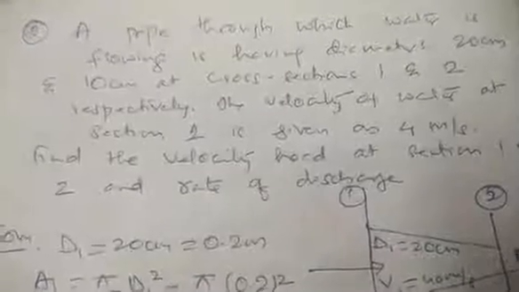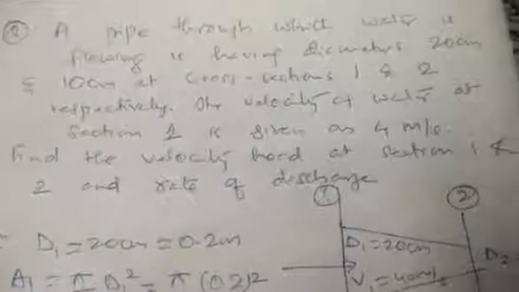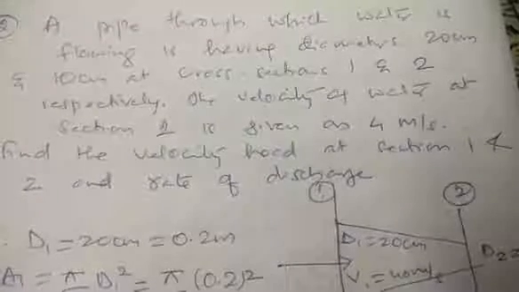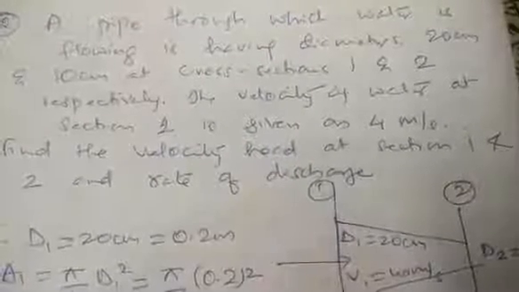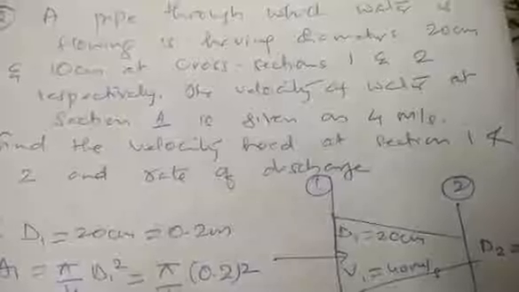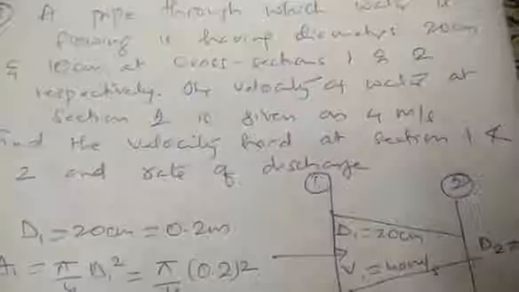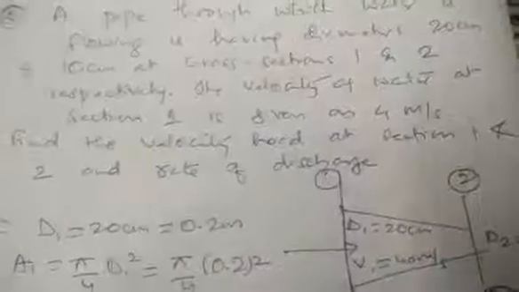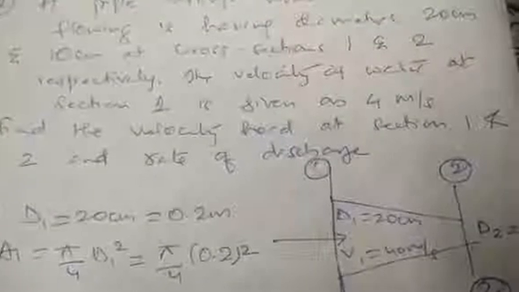Now let us solve the second problem. A pipe through which water is flowing has diameters 20 centimeter and 10 centimeter at cross sections 1 and 2 respectively. So section 1 has 20 centimeter diameter and section 2 has a diameter of 10 centimeter.